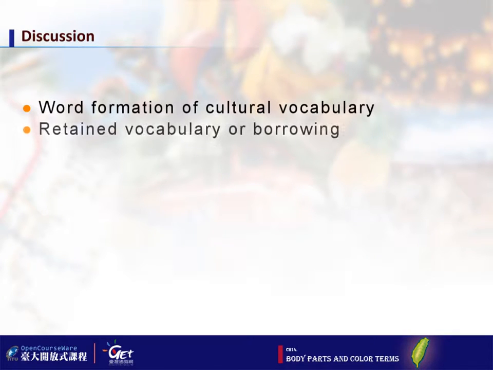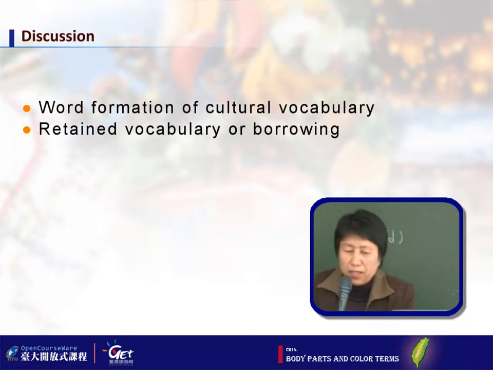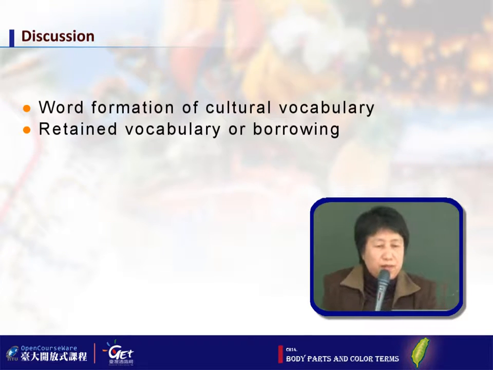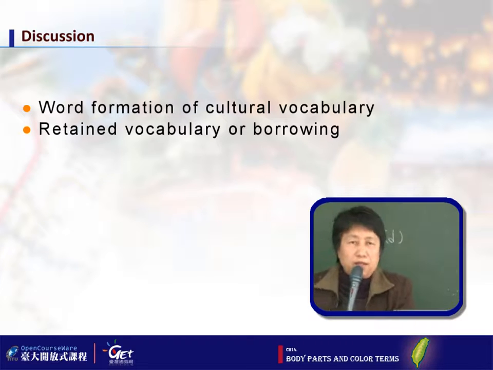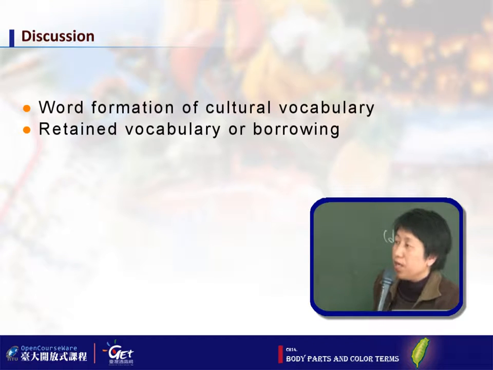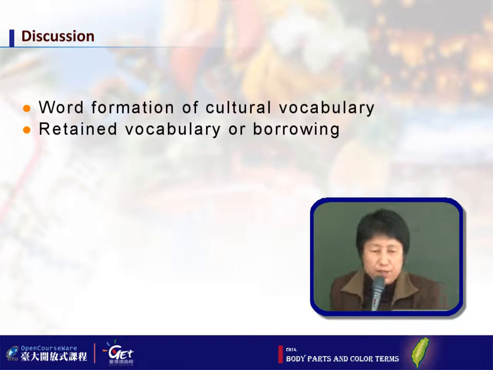Okay, so after looking at the body parts and also the color terms, we find out that the Formosan languages are showing a very complex pattern in terms of the vocabulary, body parts, and then color terms.